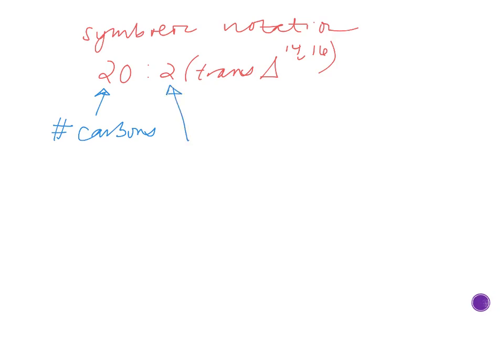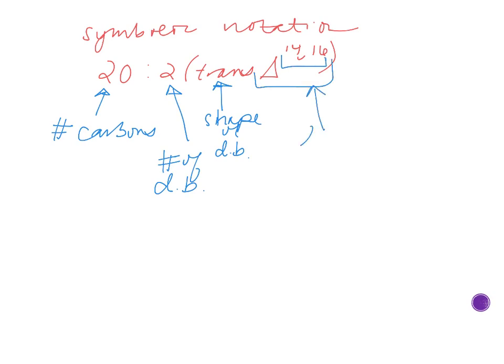The second number tells you the number of double bonds. This tells you the shape of the double bond. And then this delta with the numbers tells you the location of the double bond. Okay, so let's draw this one out.